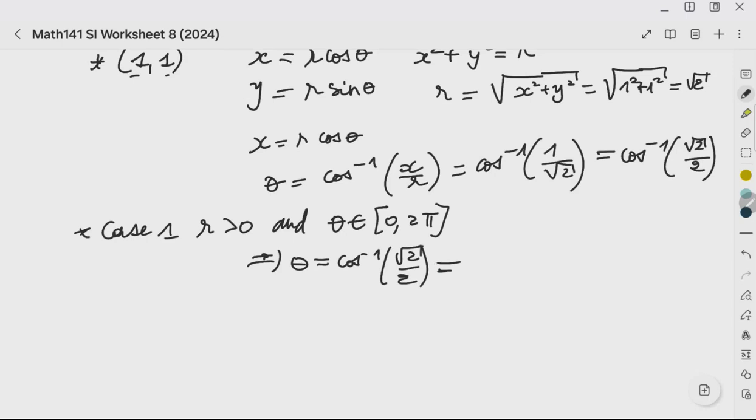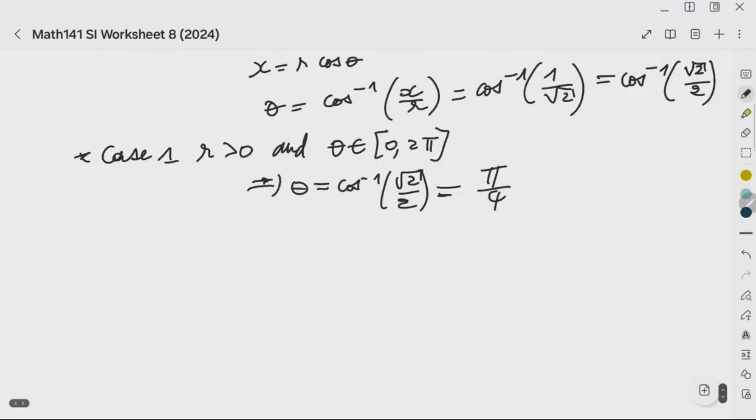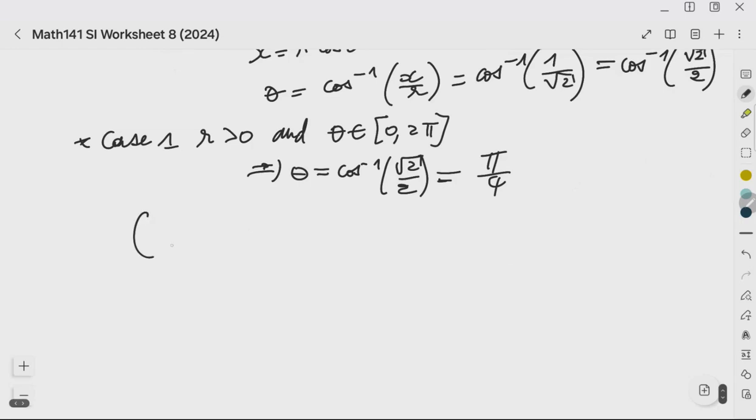Because the cosine is positive, you find an angle that has the cosine of root 2 over 2, and I can think of pi over 4, for example. So in our first case, we have the polar coordinates root 2, pi over 4, in the form of r, theta.